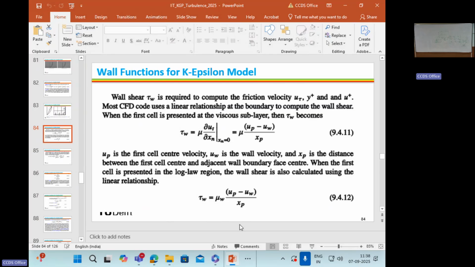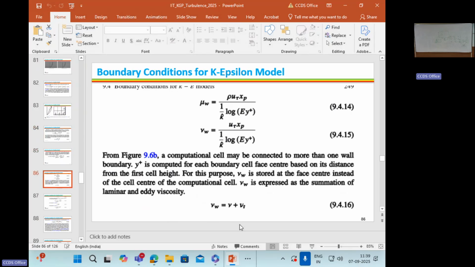You can differentiate and find the mean velocity at the cell center and the phase center. You can find the gradient, but you don't know these things. These things you need to evaluate first. Then to evaluate this, how does it look? It looks like this: rho u tau xp times this logarithmic profile.